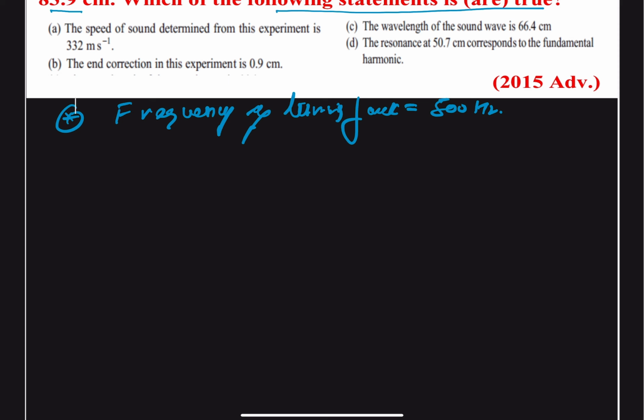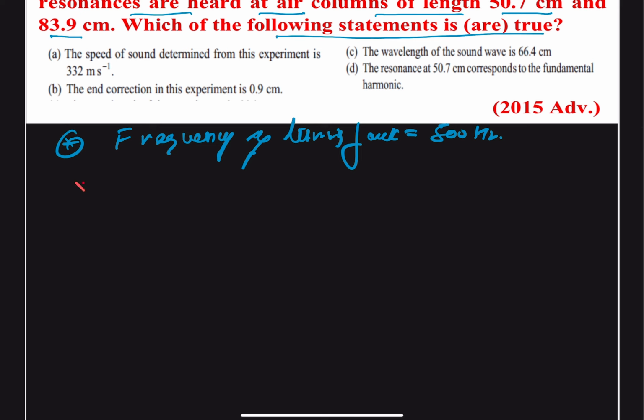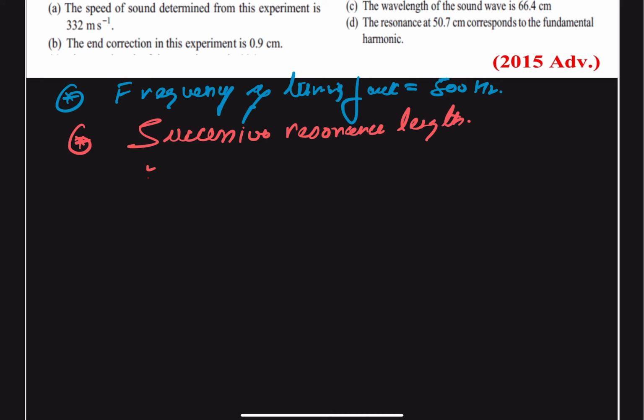and we have two successive resonances, so we can write them as successive resonance lengths. First, let us call that L1, which is our 50.7 centimeters.